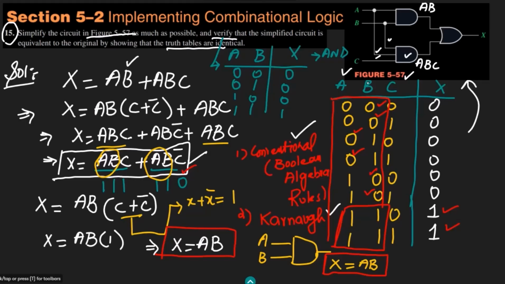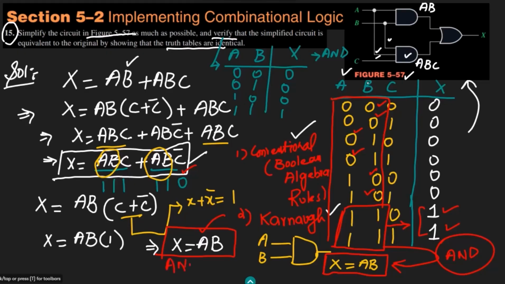So in any of those conditions, it is not seeing whether the input C is 1 or 0, but it is giving me the output equal to 0. But when both of them are equal to 1, the output is 1, and I can very easily see that this is the functionality of an AND gate. Okay, so therefore it is verified.